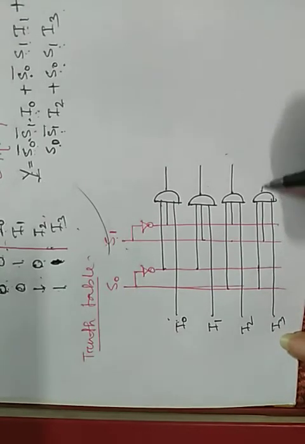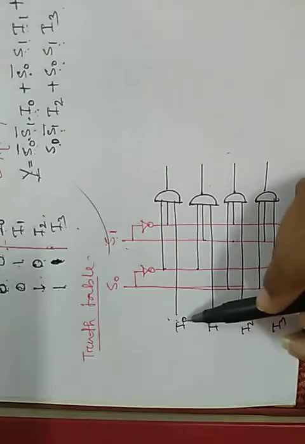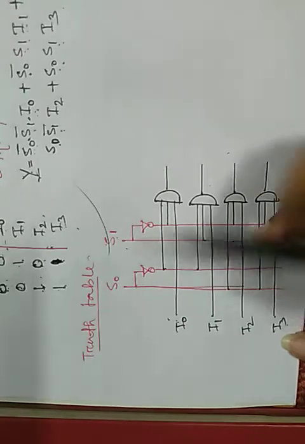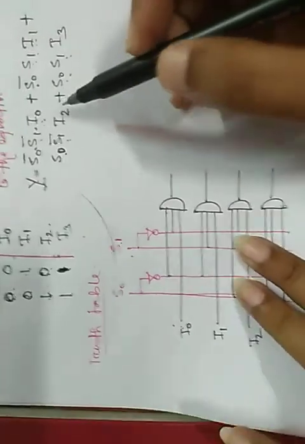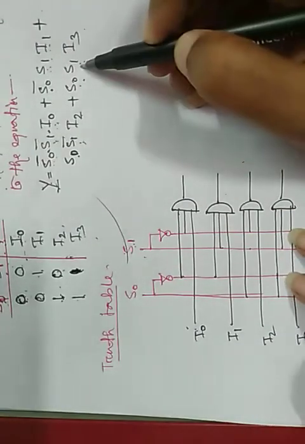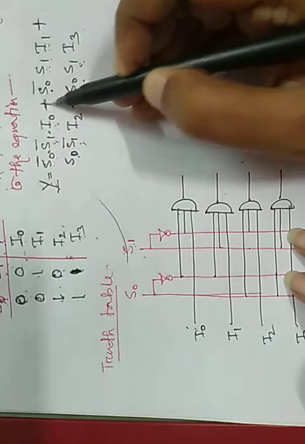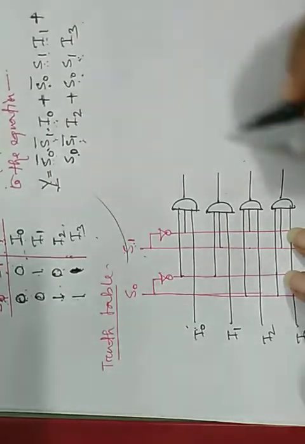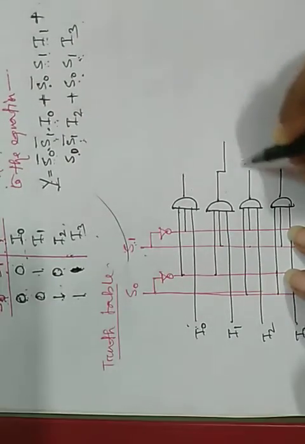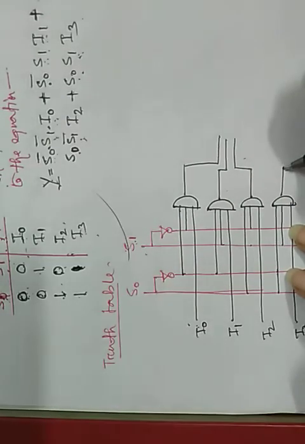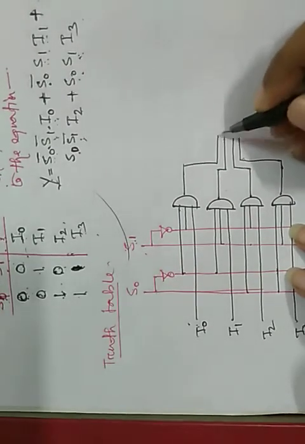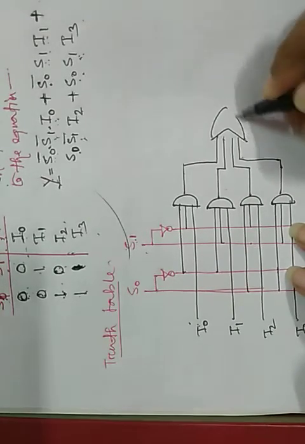So you can see easily that these are all input lines, these are selection lines, and we get all the AND operation values, and they are all OR-ed. So now I am passing all these values into one single OR gate.